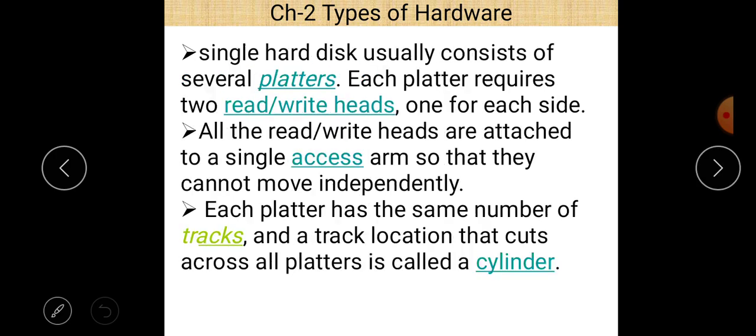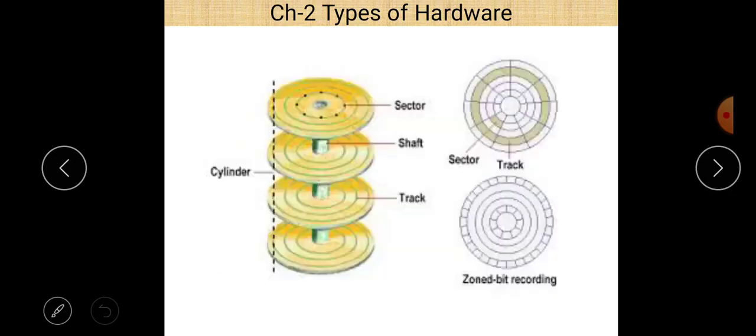A single hard disk usually consists of several platters, meaning disks, and each platter requires two read write heads, one for each surface. There is no read write head on the top of the disk and at the bottom of the disk, so we are not able to read write data there.